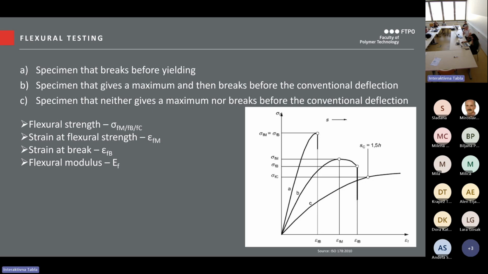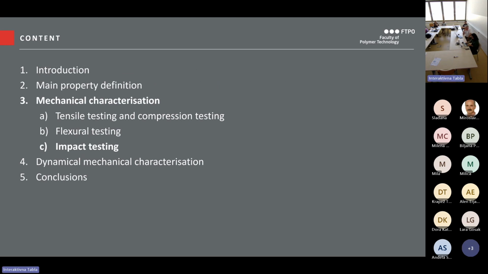Again, other quantities of interest are strains at flexural strength and strains at break. With flexural modulus, it's very similar to the tensile modulus. We determine it in the elastic region up to 0.25 of strain.